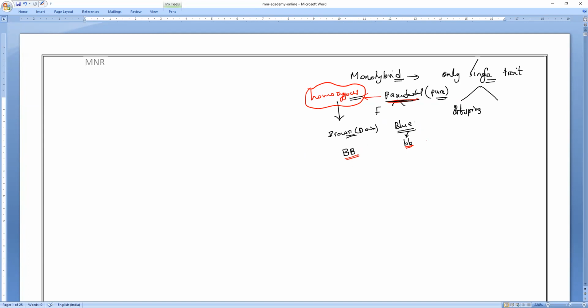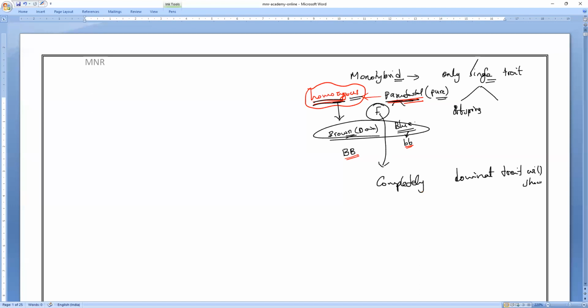So if they ask you to write the genotype of parents, always keep in mind, it is homozygous. Are you clear what I'm saying, everybody? Now, if I cross these parents, then in the F1 generation, keep in mind, the completely dominant character will come, the dominant trait will show. Are you clear, everybody?